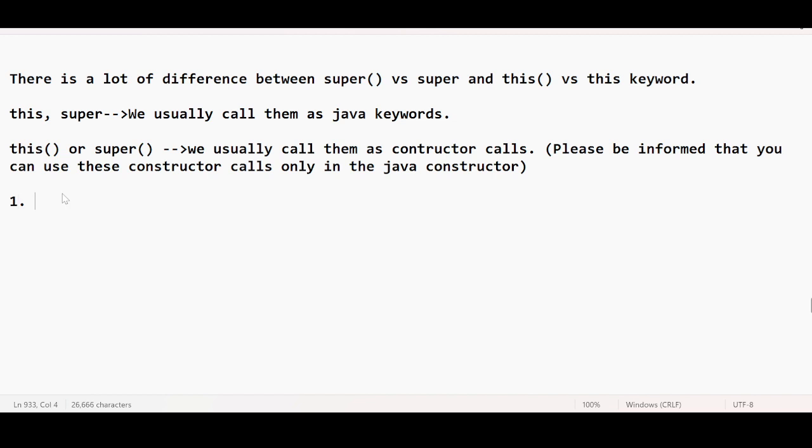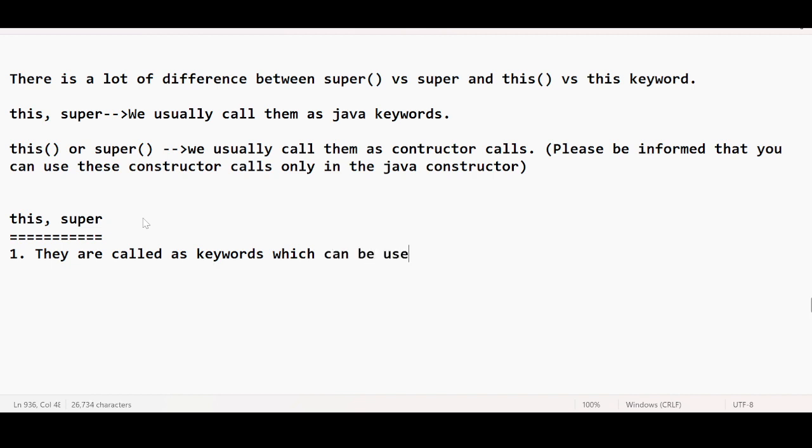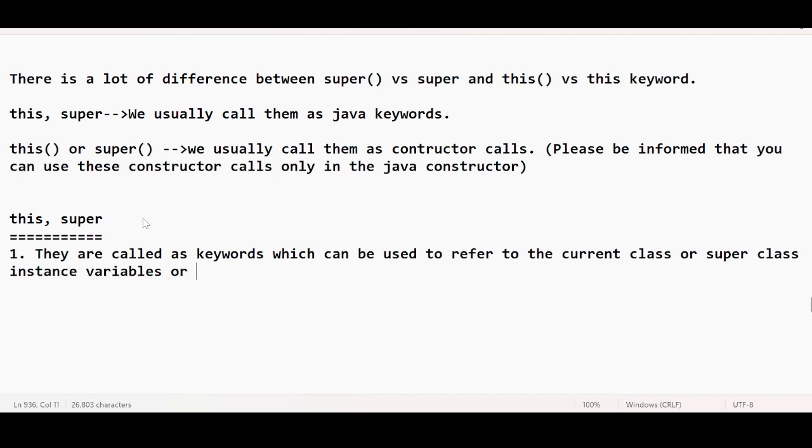First, let me write the difference between this and super. First point to be noted: they are called keywords, which can be used to refer to the current class or superclass instance variables or sometimes methods.